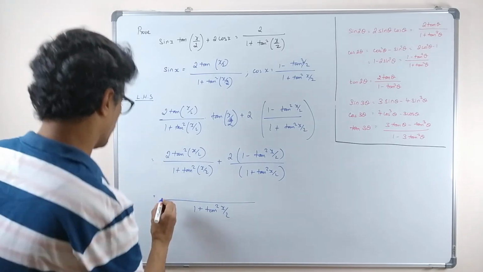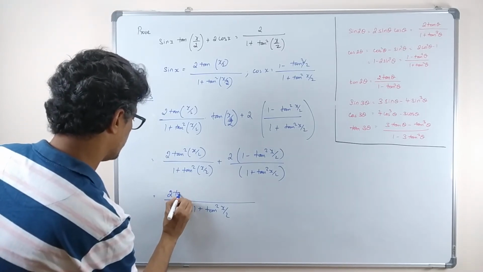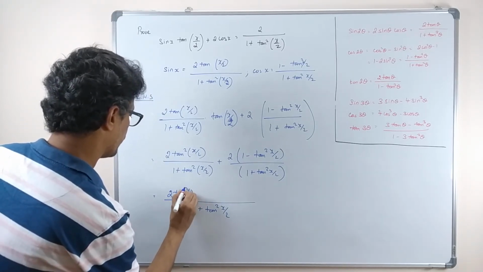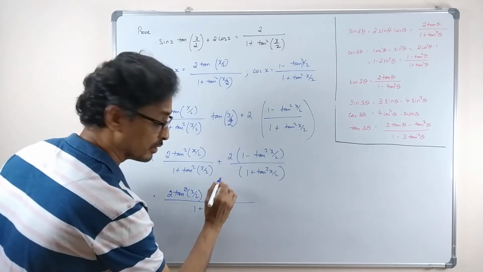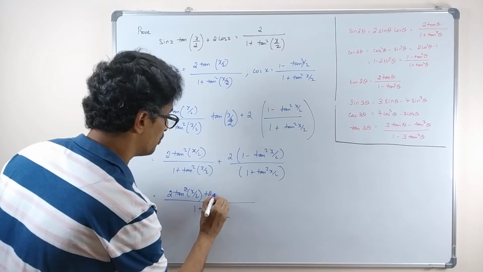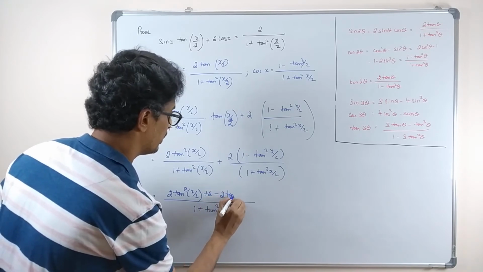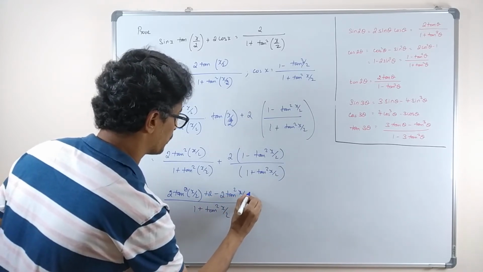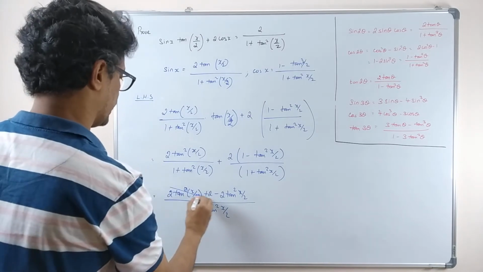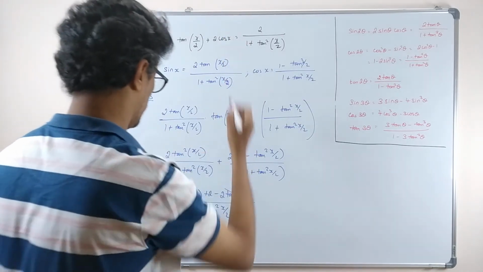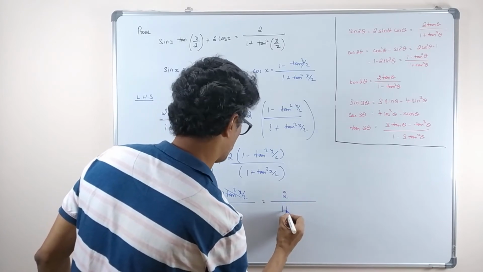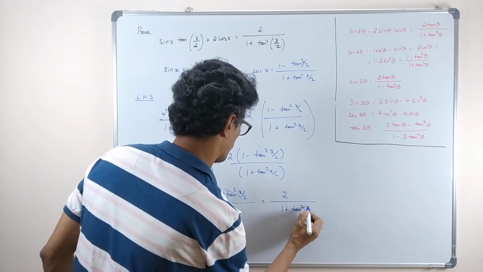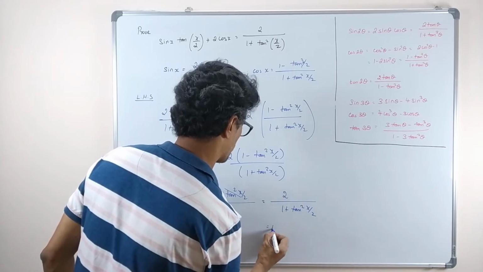So what happened? You have 2 tan square x by 2, I am opening the bracket, plus 2 minus 2 tan square x by 2. Okay, this cancels off and we got your answer: 2 divided by 1 plus tan square x by 2, that's equal to RHS, and we have proved it.